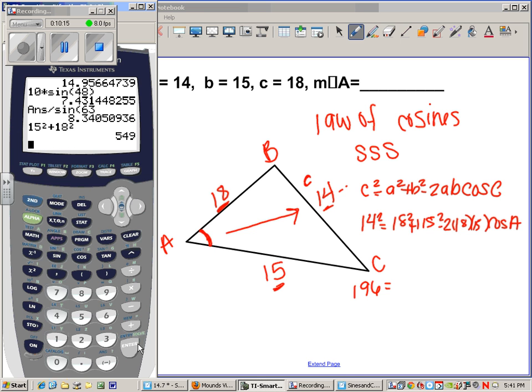And that gives me 549. And at the same time, I know I'm going to have to calculate 2 times 18 times 15, so I'm going to calculate that. That gives me 540.